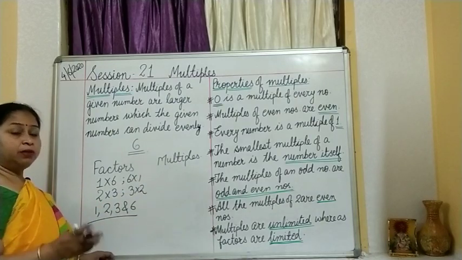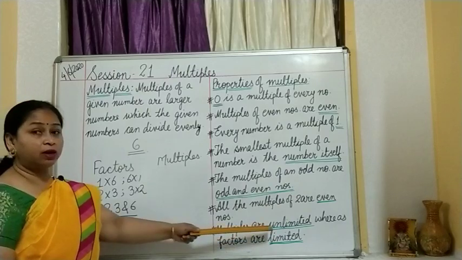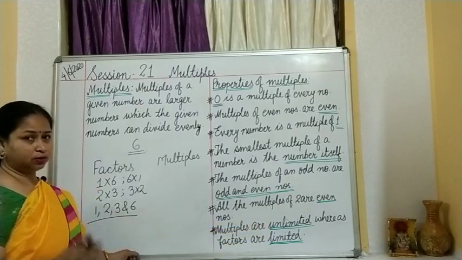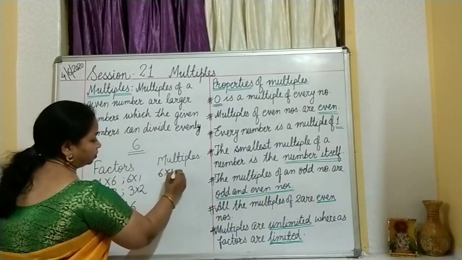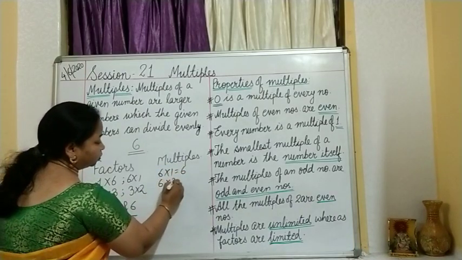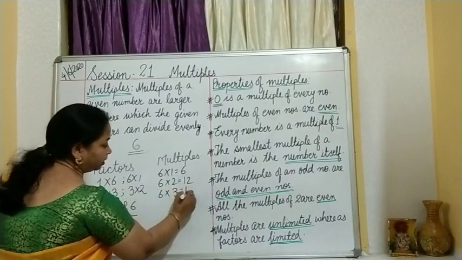Now multiples are unlimited. According to this property, multiples are unlimited. Unlimited means it is not going to end. Let us start. 6 ones are 6, 6 twos are 12, 6 threes are what? 18.